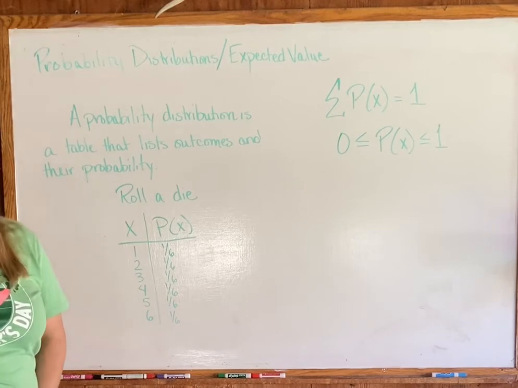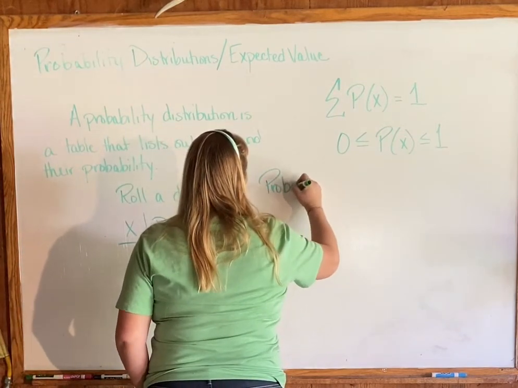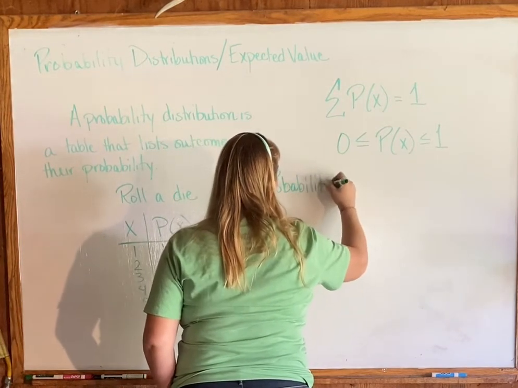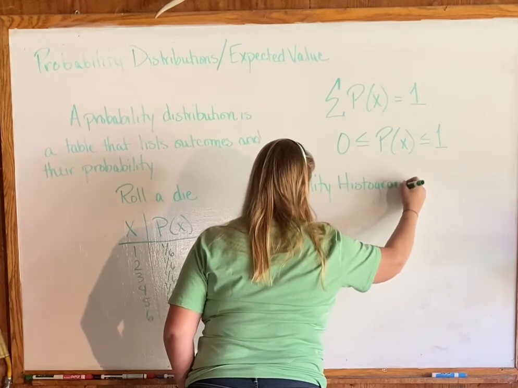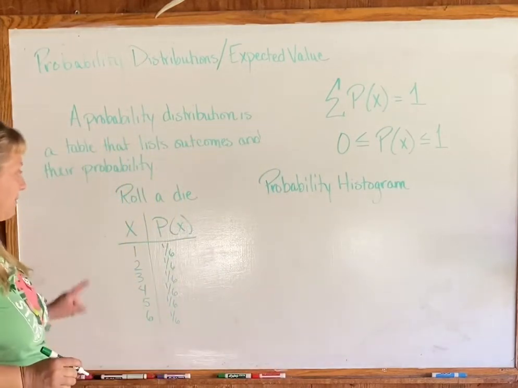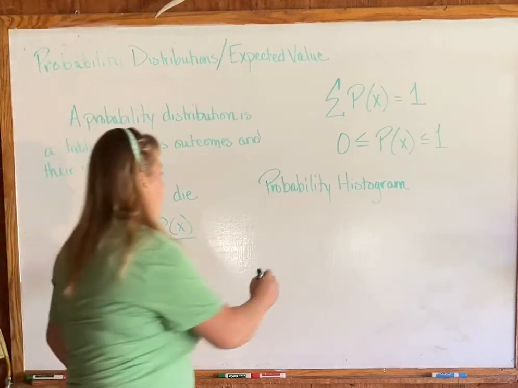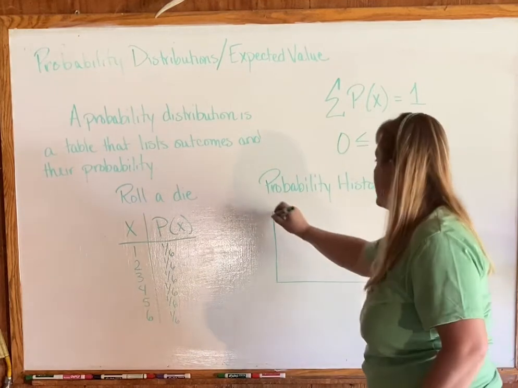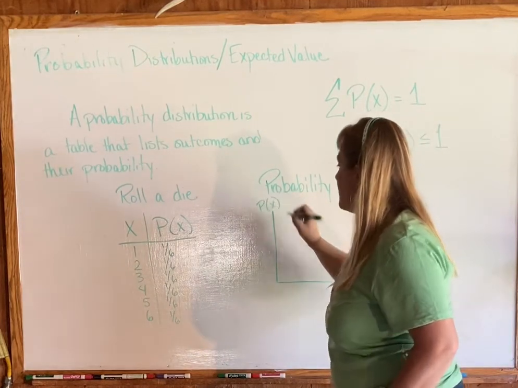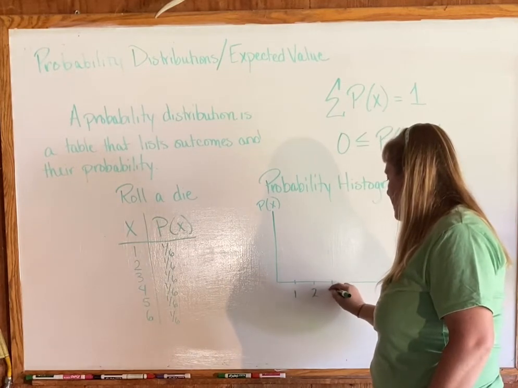Now, along with a probability distribution goes a goofy little graph called a probability histogram. I know we've looked at histograms before, but this one truly is just an easy little graph, I promise. The probability histogram just takes this table and turns it into graph form. We're going to have X, and P of X over here, and then we're simply going to list our different outcomes.